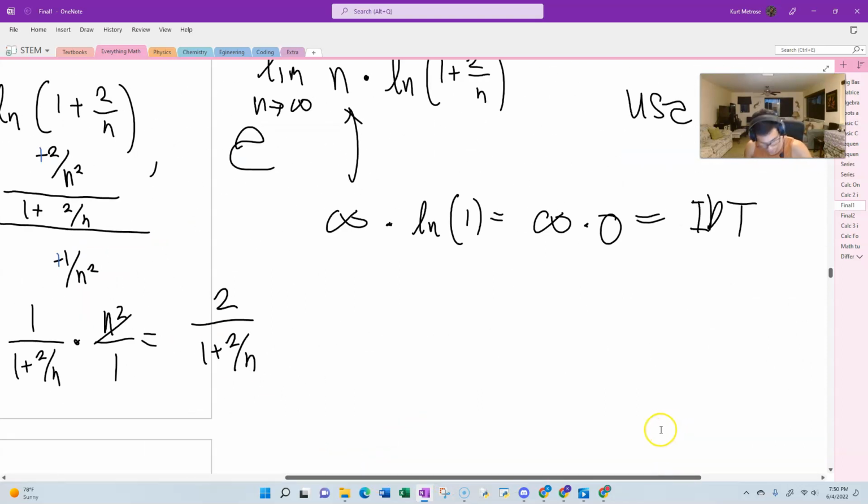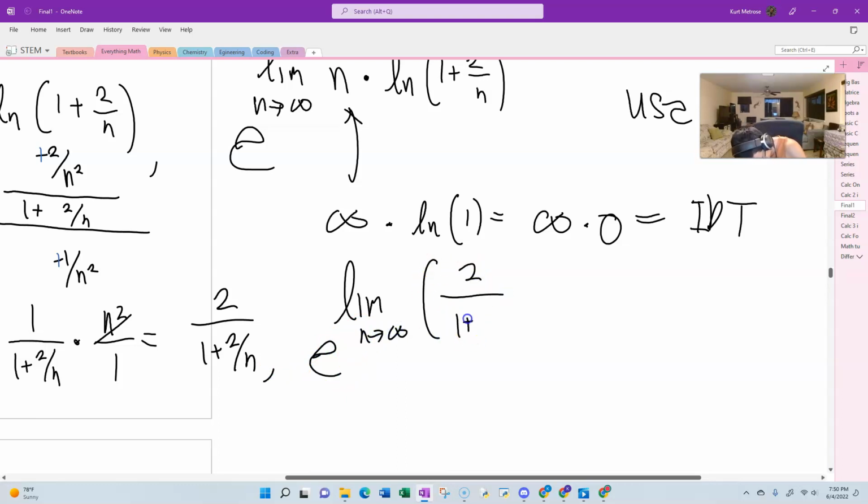So it's not too bad anymore. Now we can focus on this exponential limit. So e to the limit as n goes to infinity of 2 over 1 plus 2/n. And as you can guess, if you let n go to infinity in this case, 2 divided by infinity is essentially going to be 0. So it's just 2 divided by 1. So this whole thing just turns into e to the 2.